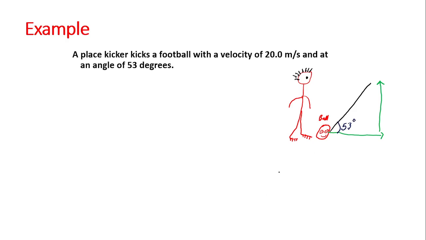So if you look at this question, just from the first statement, I'm able to analyze such that I've been told that this ball is moving at a velocity of 20 meters per second. What do you understand by this?